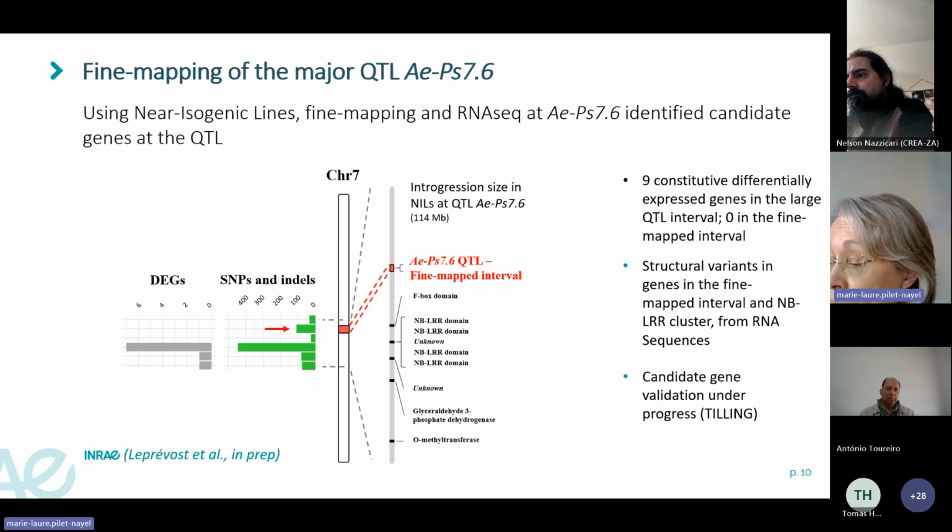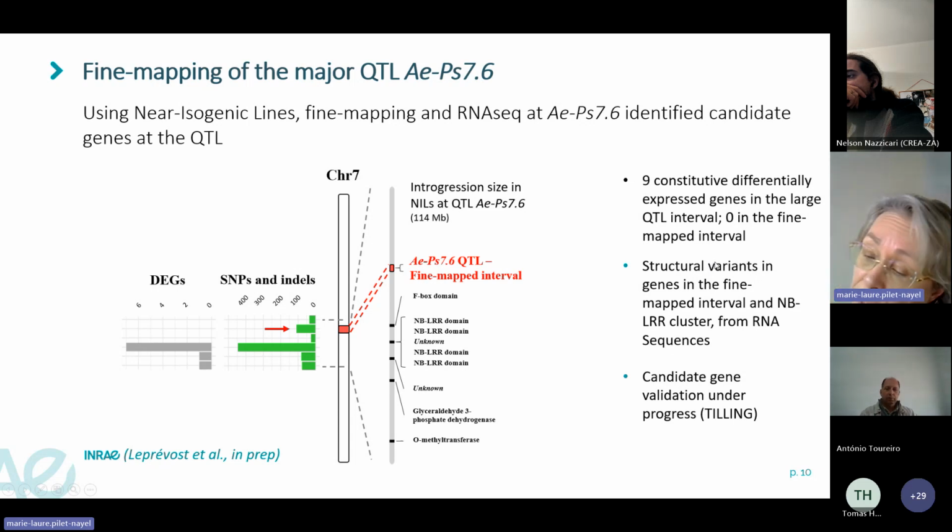And the results specifically identify 9 constitutive differentially expressed genes between NILs with or without the QTL, but none of these genes were identified in the fine mapped interval, and structural variants were also identified from RNA sequences in genes in the fine mapped interval, and also in genes belonging to an NBS-LRR cluster located near the fine mapped interval.